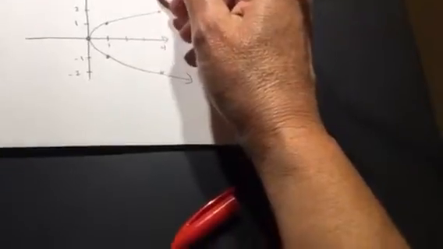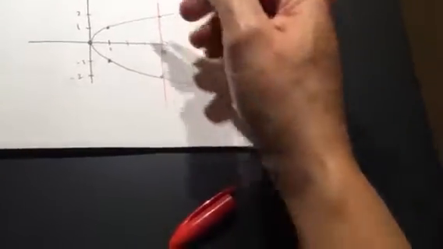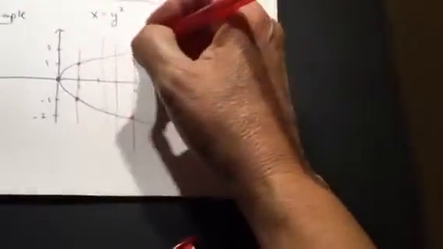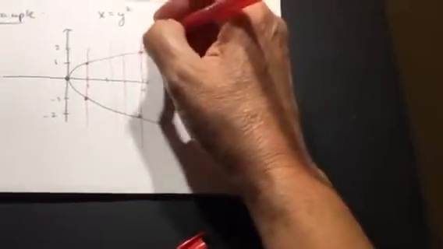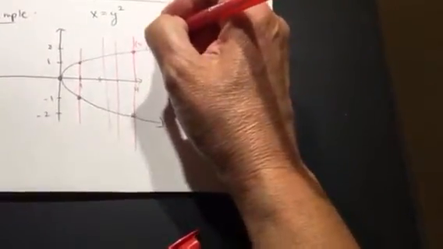And here, I wanted to draw something where I could say, look at here. Here's a vertical line. There's a lot of them. But you really only need to find one to say it's not a function. One that intersects the graph twice. Here's at 4, 2, and at 4, -2.